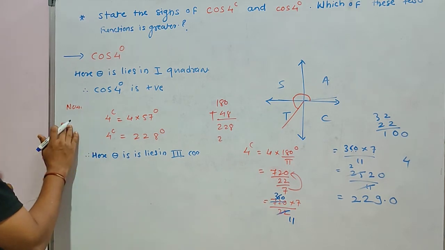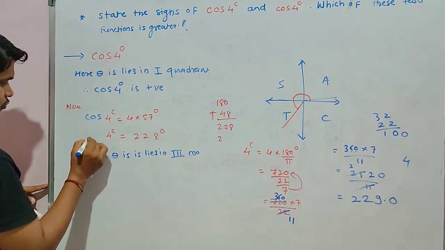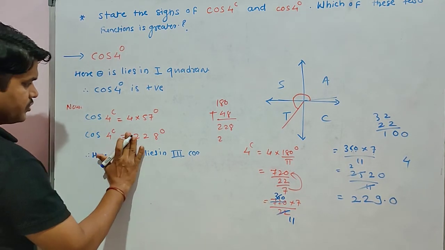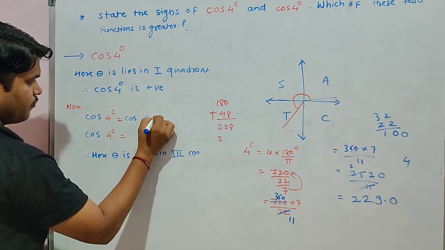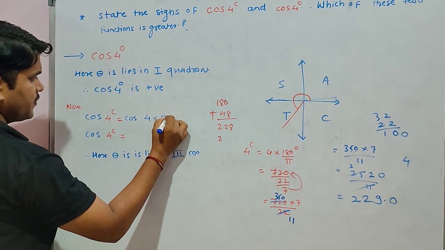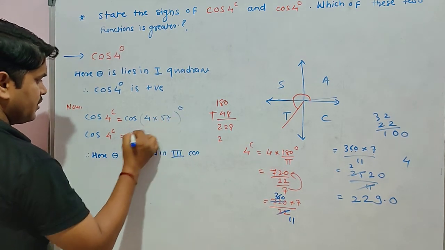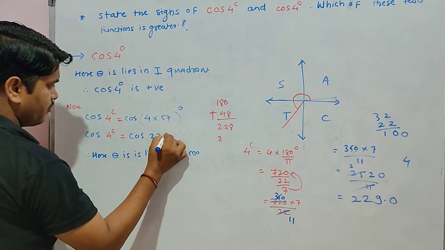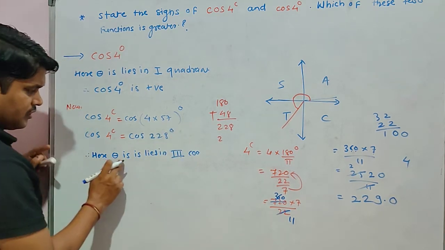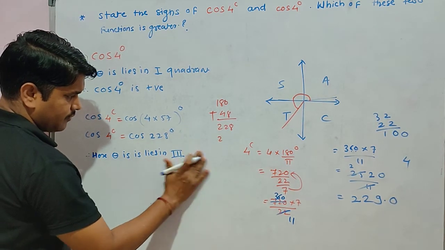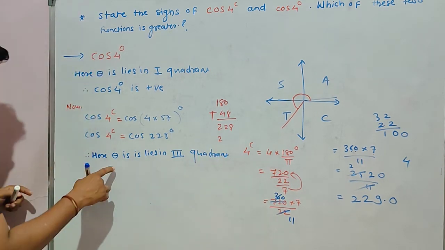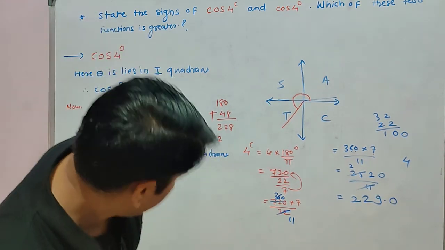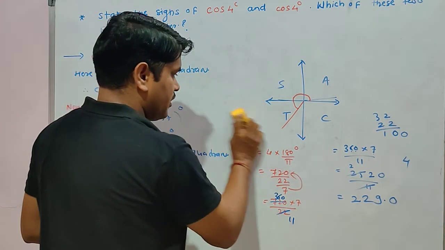We have to find cos 4 radian, which is equal to cos of 4 into 57 in terms of degree. So we get cos 228 degree. Here theta lies in the third quadrant, and in the third quadrant is cos positive or negative?